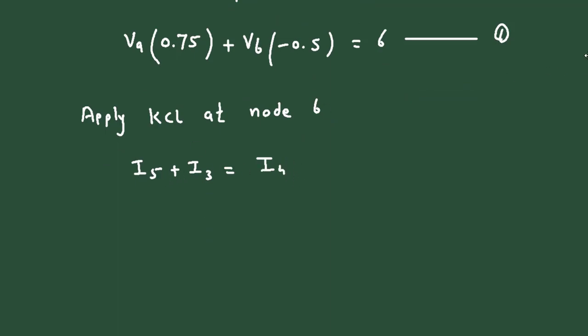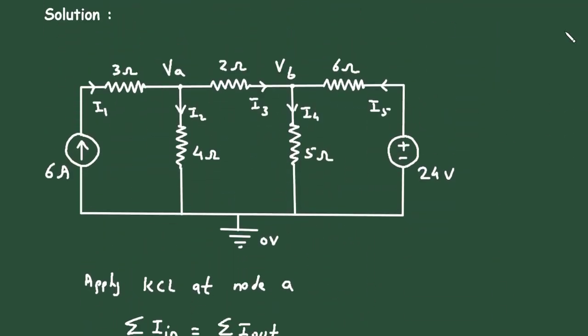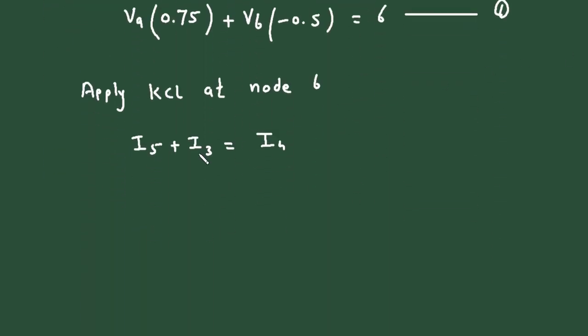Now the value of I5 is 24 minus VB divided by 6, plus I3.